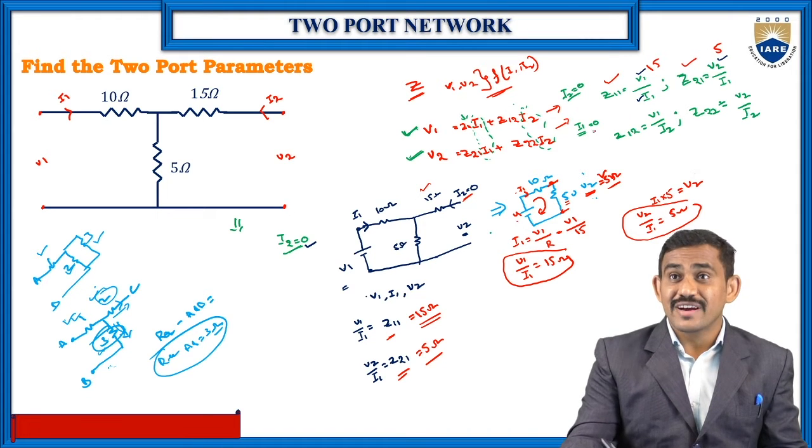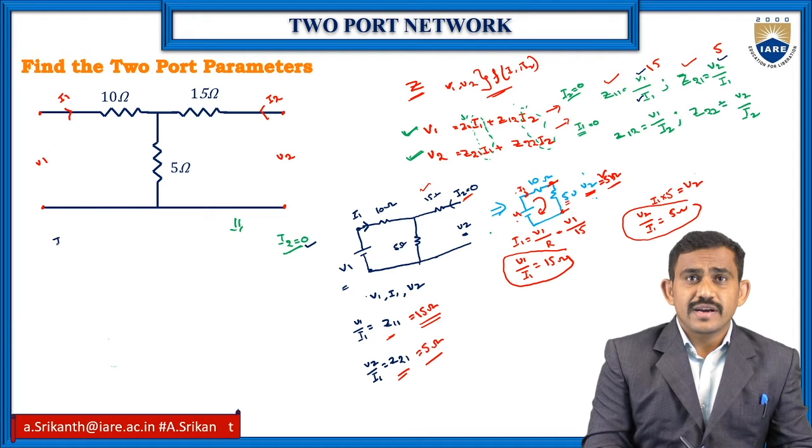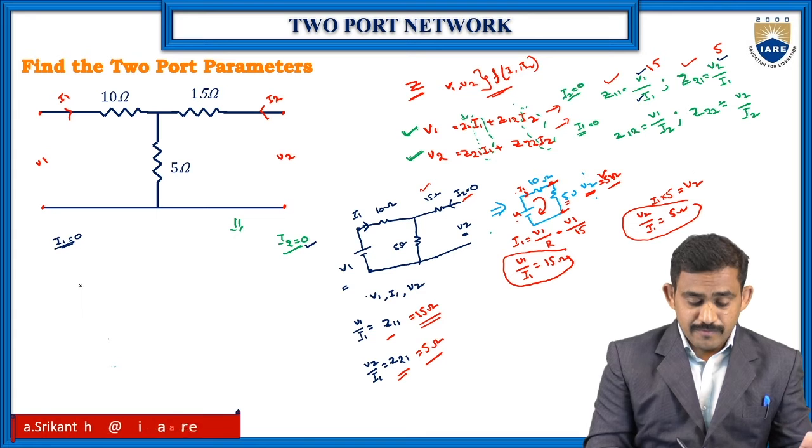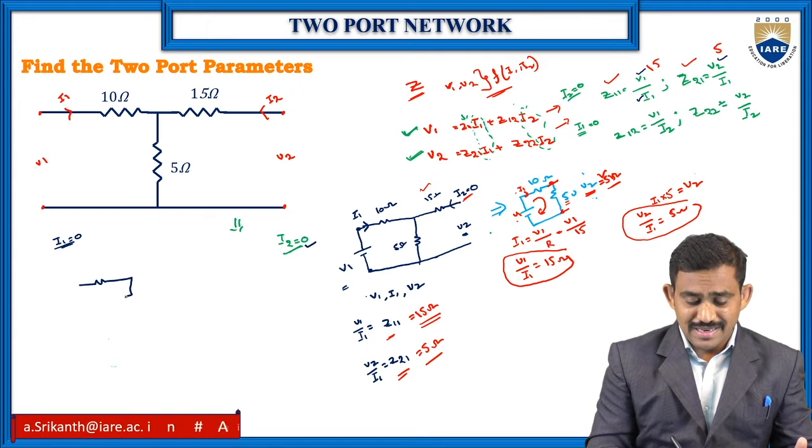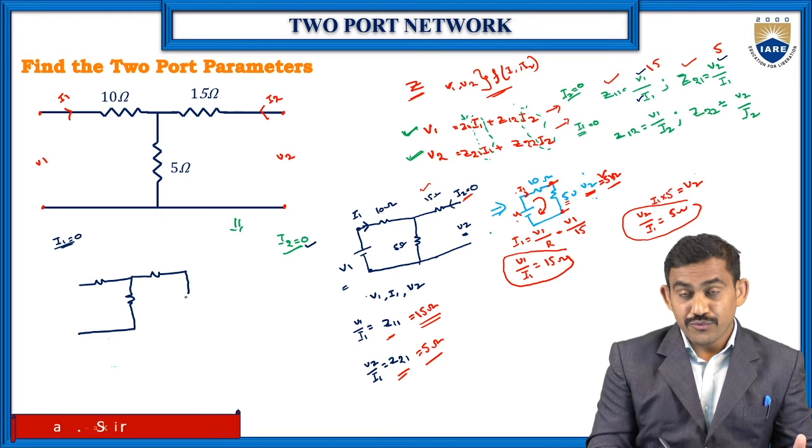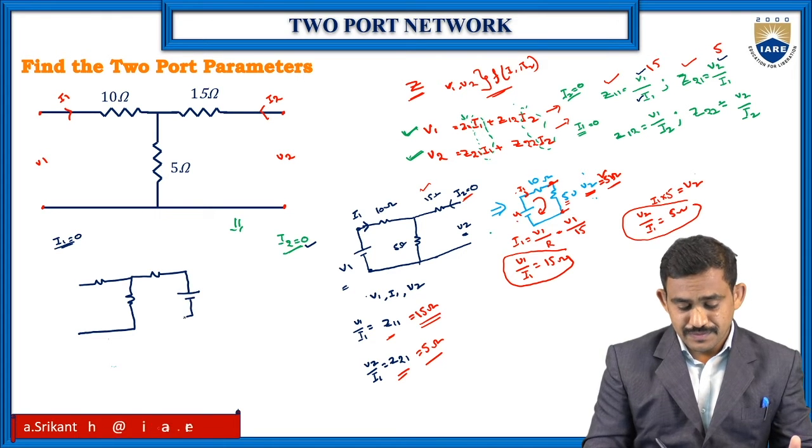Now I want I1 equals 0. Just observe now. For I1 equal to 0, the primary side is open and on the secondary side we have some voltage, that is V2 voltage.